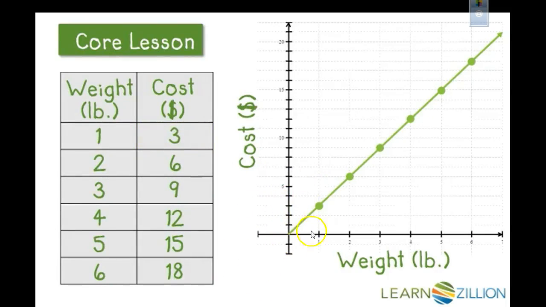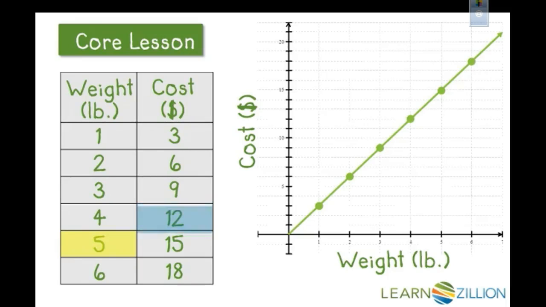Another possibility is to pick any ordered pair, such as 4 pounds cost $12, and divide. 12 divided by 4, again, gives you $3 per pound. Again, from the graph, you could pick the ordered pair, find the 2 numbers that the ordered pair represents, 12 and 4 in this case, and divide, and you get $3 per pound. A third way to find the unit rate is to look at any ordered pair, such as 4, 12, and then say, okay, suppose at the last minute I decided I wanted to buy 1 additional pound.